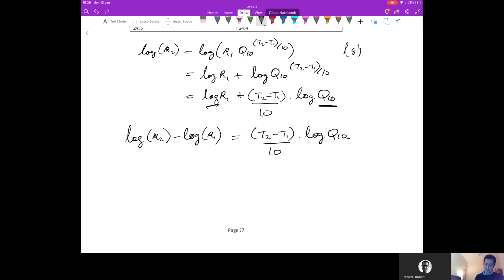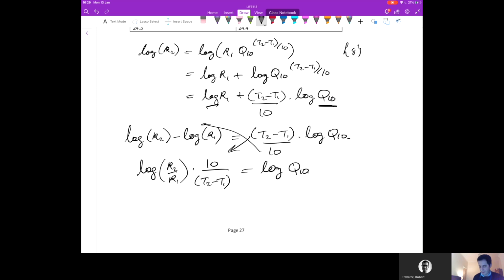And actually, I can use my subtractive rule here and combine this like this. I'm also going to take 10 over by multiplying and get rid of the T2 minus T1 by dividing. So that's going to be 10 over T2 minus T1 times log R2 over R1 equals log Q10.